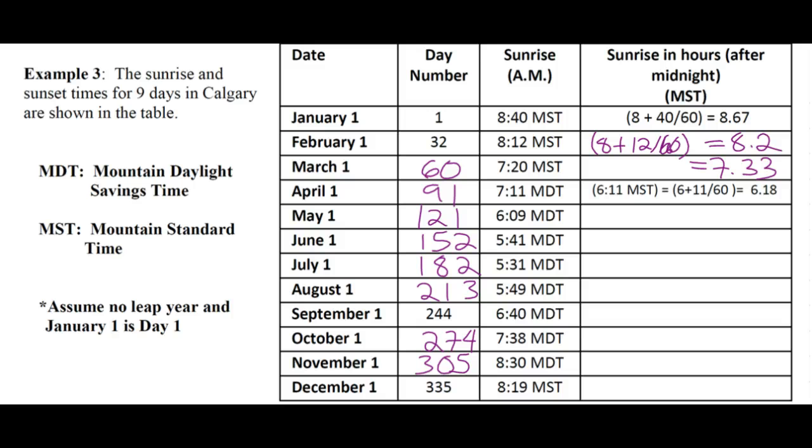And so 7:11 daylight time is 6:11 Mountain. So now we have to subtract an hour to go into a standard time zone. We have to subtract an hour and then do the conversion. So 6:09 will be 5:09 Mountain Standard, right?